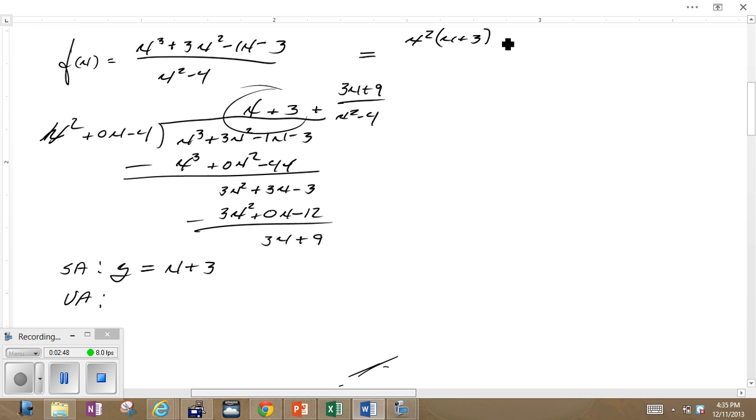And then in the second grouping, we're going to pull out a minus 1 and get an x plus 3. And that's over x squared minus 4, which of course is a factor. This up top factors into x squared minus 1 and x plus 3 over x plus 2 and x minus 2.